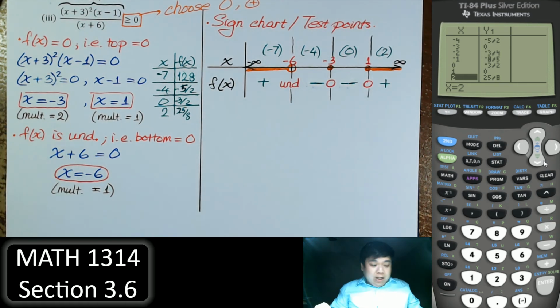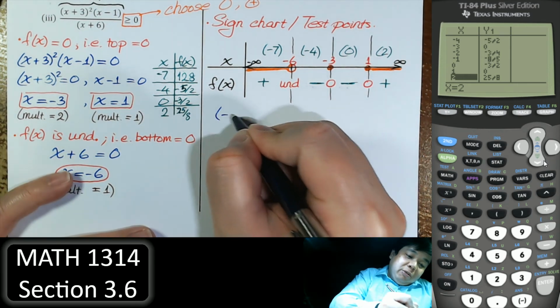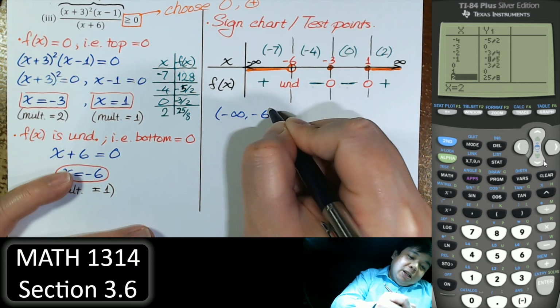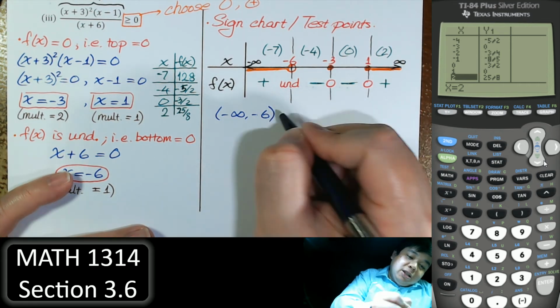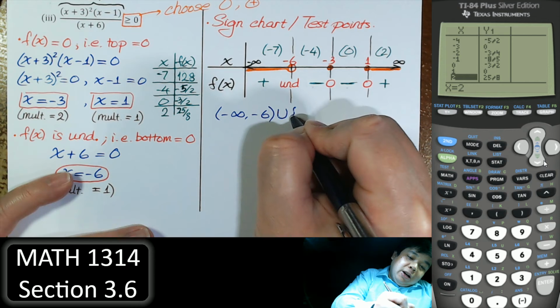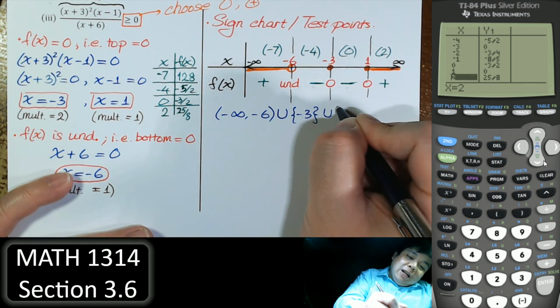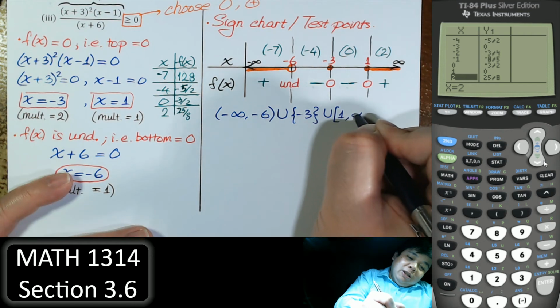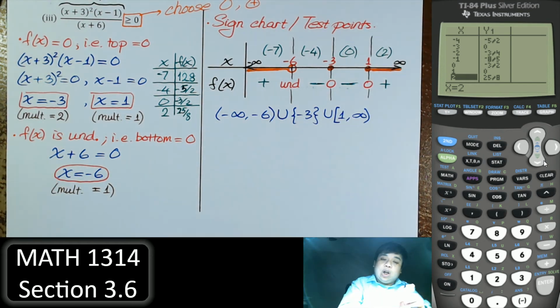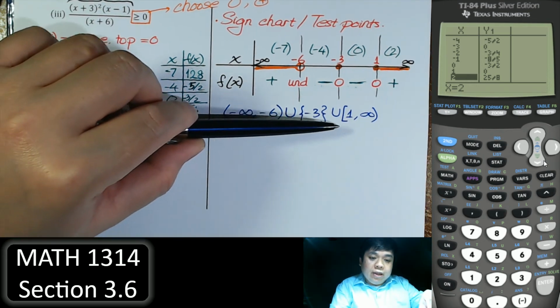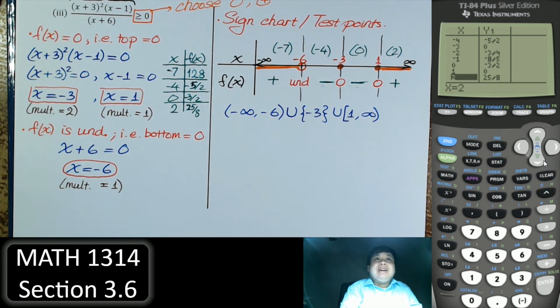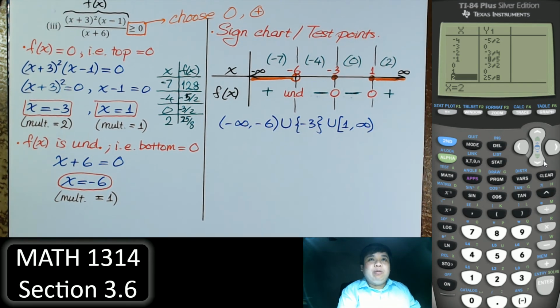So the answer: negative infinity to negative 6, not including the negative 6, an isolated point -3, and then 1 to infinity, including the 1. So it's a bit tricky here, so that's why we have to be careful.